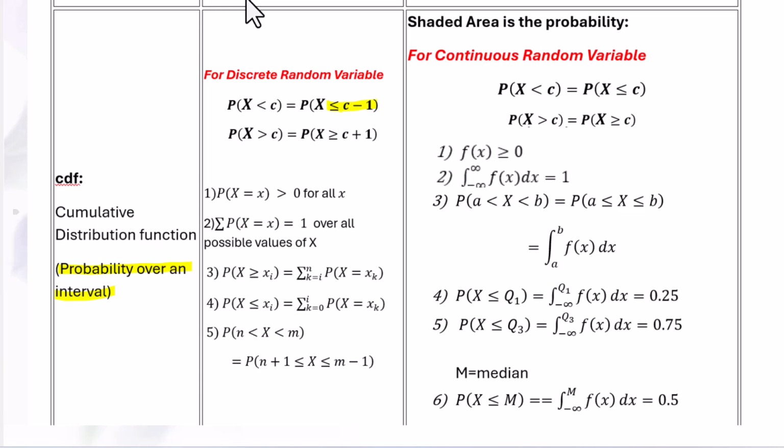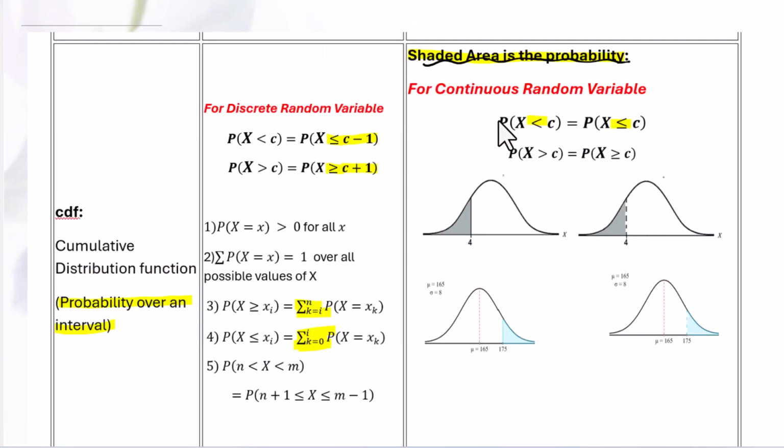The probability of x greater than c equals the probability of x greater than or equal to c plus 1, which means the probability of x greater than c is not equal to the probability of x greater than or equal to c. For continuous random variables, the probability is the shaded area under the curve.